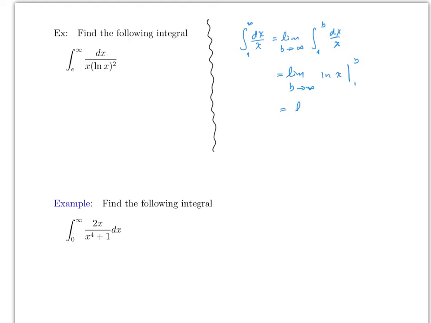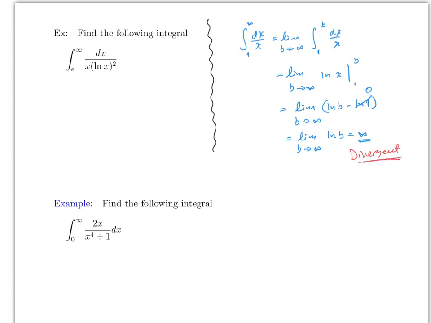So notice that this is the limit as b goes to infinity of ln b minus ln of 1. Notice that ln of 1 is equal to 0, so you don't really have to worry about that. But the limit as b goes to infinity of ln of b is infinity. So therefore this is not convergent, so this is actually divergent.